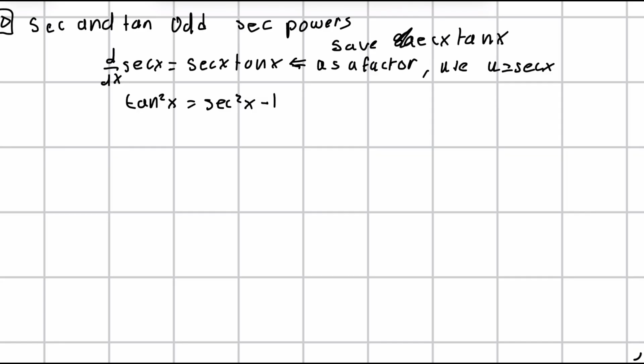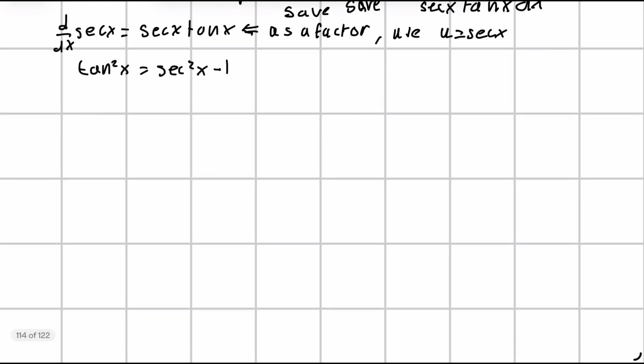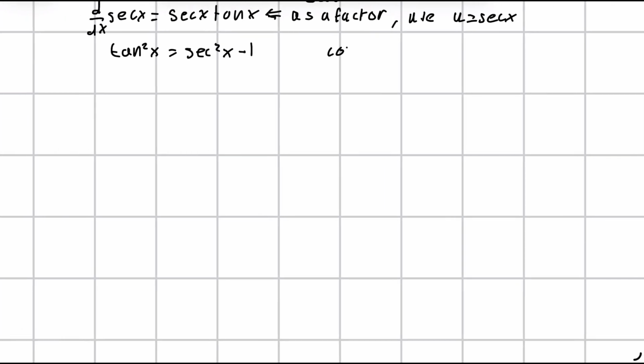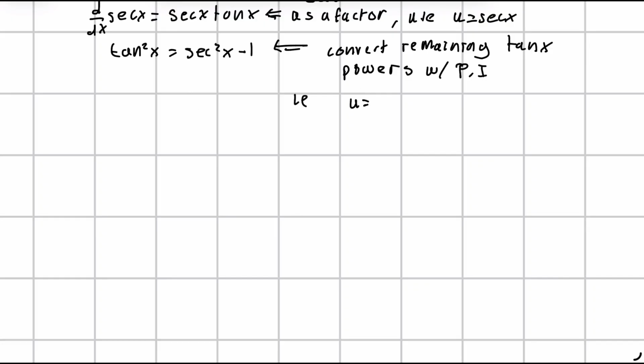Then we're going to convert the remaining tangent x powers with the Pythagorean identity. So then you're going to let u equal secant x, and then we're just going to integrate.